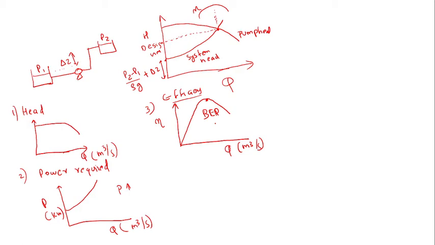By considering that we can solve the non-dimensional equation and check how the head, flow rate and power change with the frequency and diameter of the pump, and it is given by the affinity law.